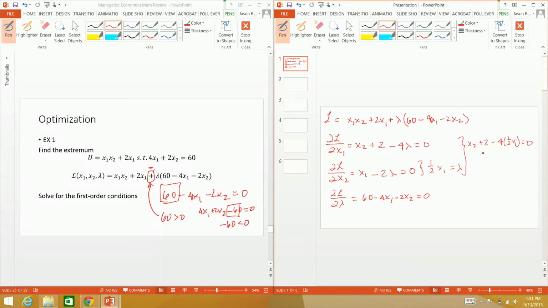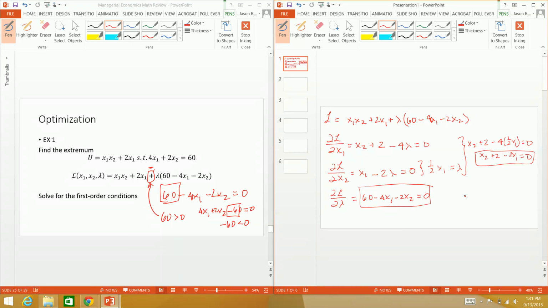So then this gives me x2 plus 2 minus 2x1 is equal to 0. Now I can combine this equation with our last equation in order to find what the values of x1 and x2 are.